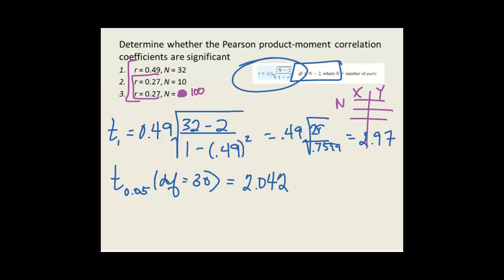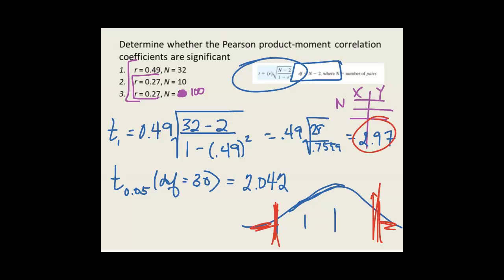So if I were to sketch this out, it's a very lumpy t-distribution. Then my critical value is going to be just past the second standard deviation on either side to mark my rejection regions. And my calculated t-test statistic of 2.97 is definitely beyond that, almost to the third standard deviation.